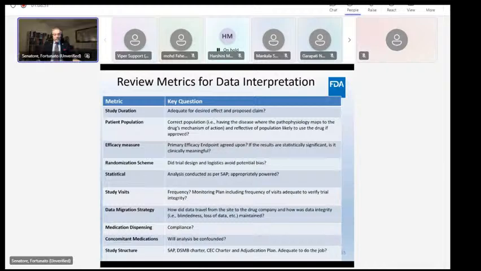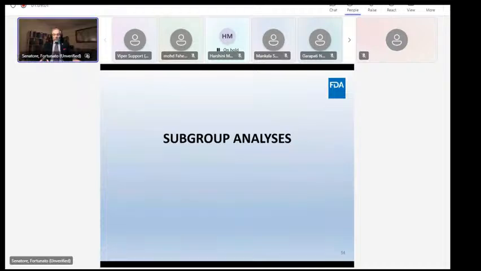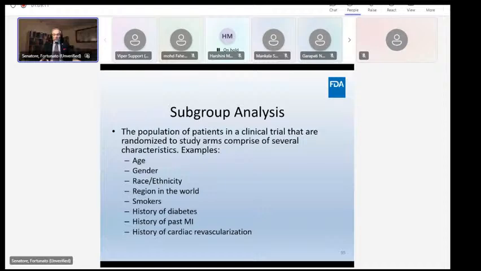and the results are substantial. Now, subgroups are defined by characteristics such as age, gender, race, and ethnicity, what region in the world, whether or not they smoked or had diabetes, or had a past history of myocardial infarction, or had a history of cardiac revascularization.